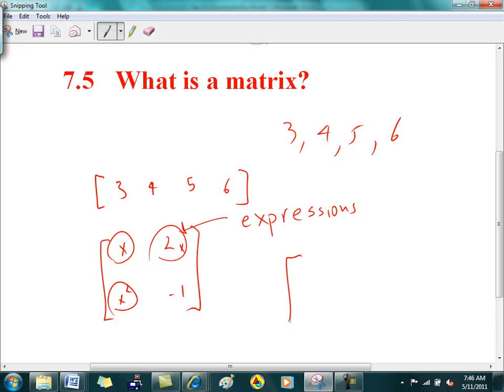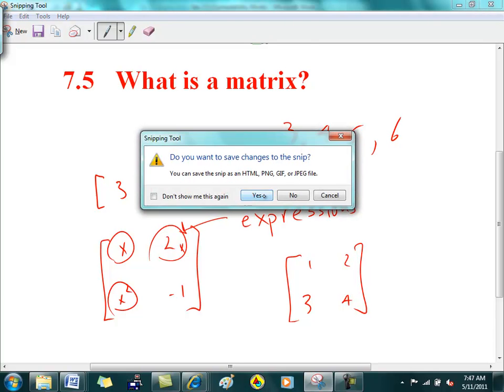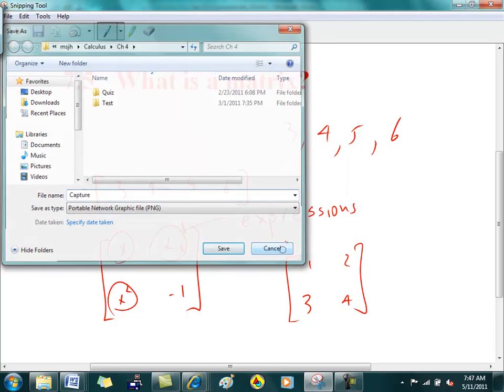Most often you will see numbers, okay? Most often you'll see this. So the bottom line is that matrices are organized thingies, okay?